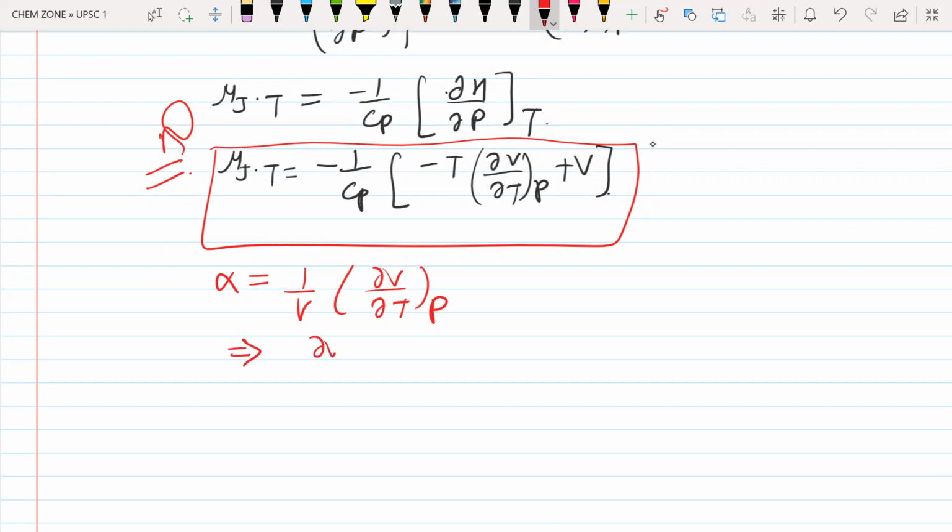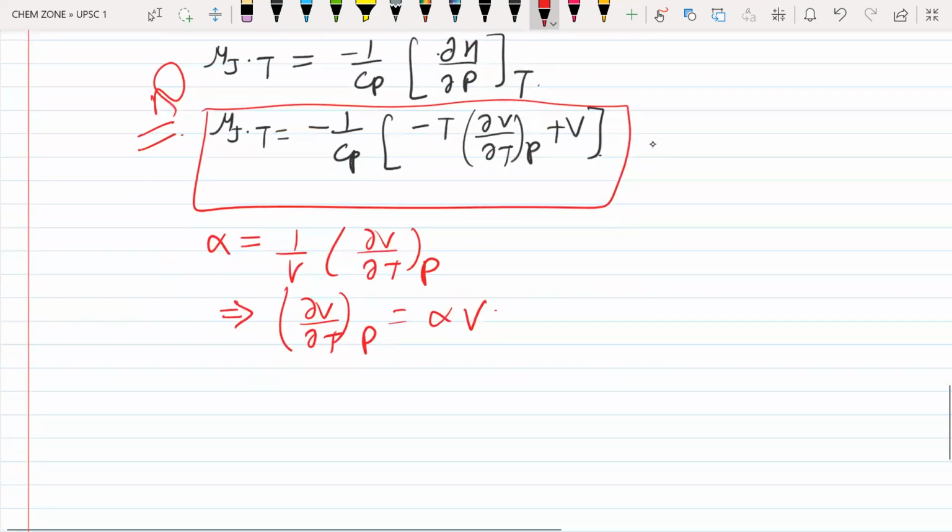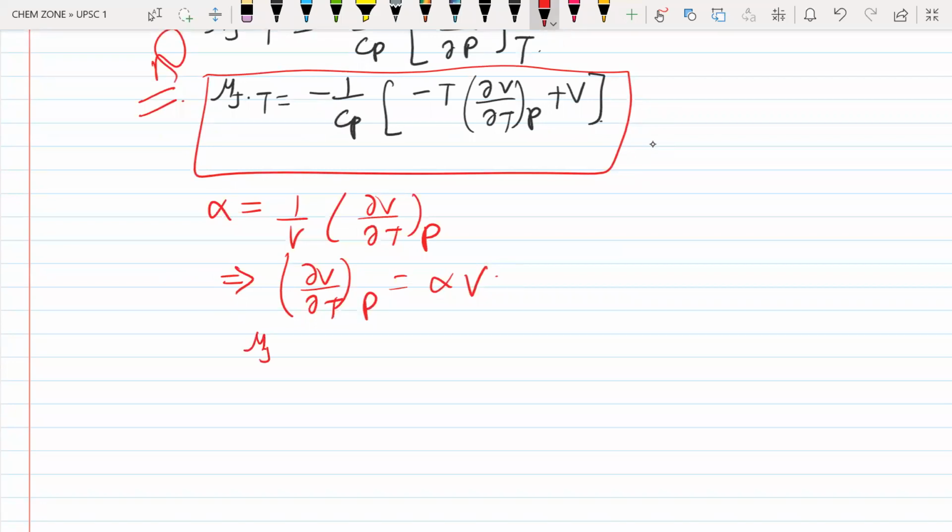So if we want to calculate mu JT in terms of alpha, we can put the value of del V by del T at constant pressure P, taking V as common and multiplied by the minus sign.